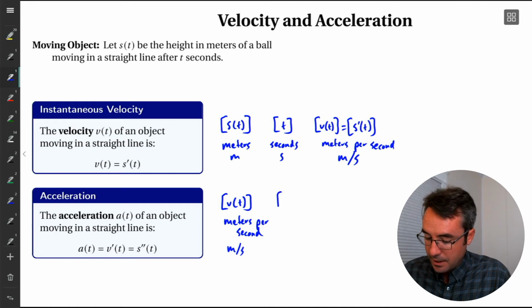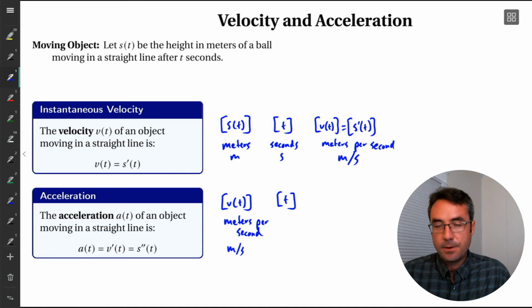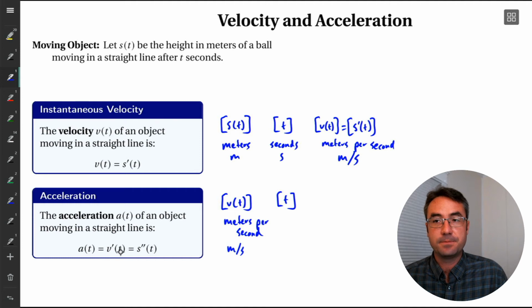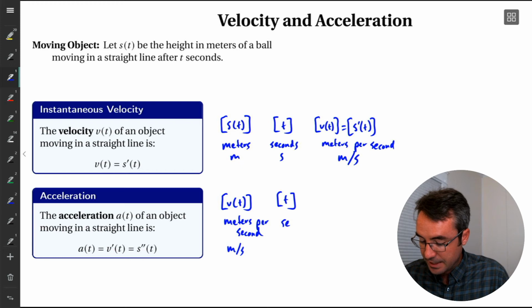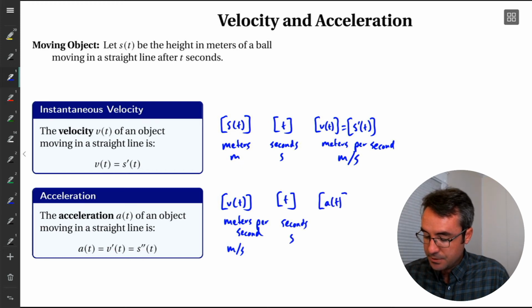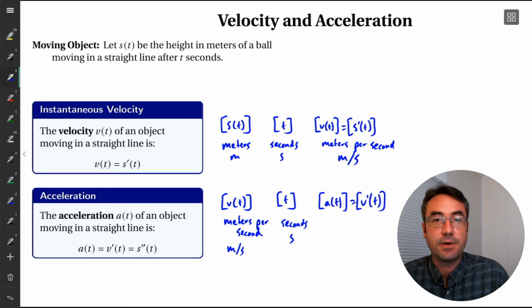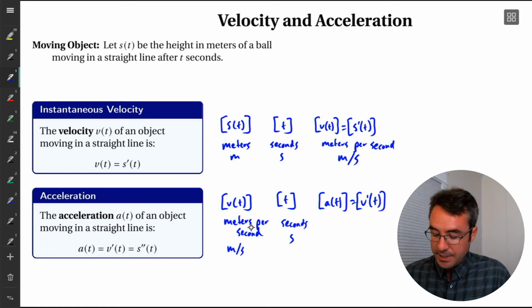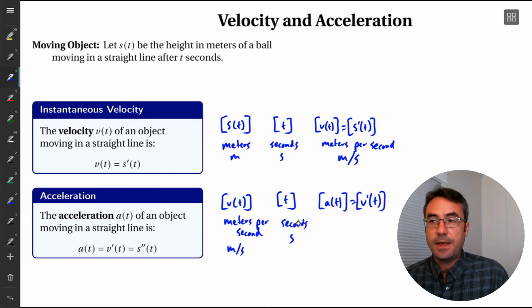Then we look at the actual variable for v, and the variable here is t. So again, we're using t, which had units of seconds. And so for acceleration, which is the same thing as the first derivative of our velocity function, we take the units for v and divide by the units of t. So the units for acceleration are going to be meters per second per second.